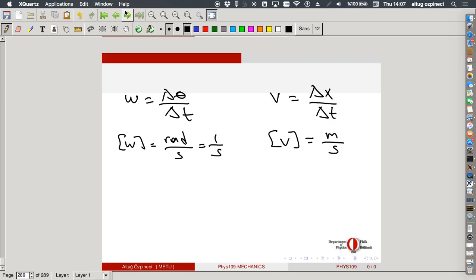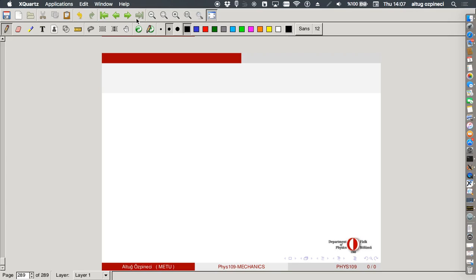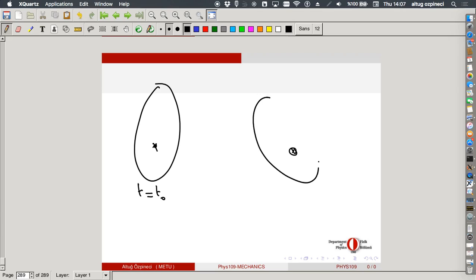If you take a rigid body, let's say, this is the axis of rotation. We have a rigid body. This is at t equal to, let's say, t0. And then we have the same rigid body after some time. It will look something like this.